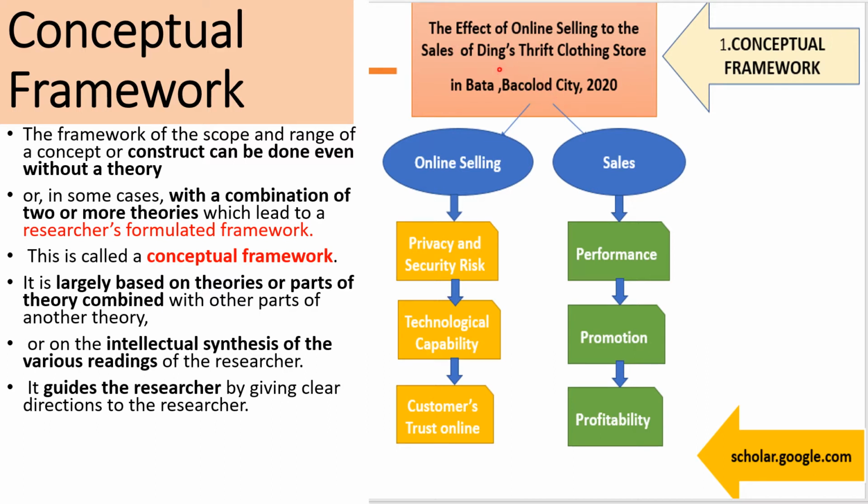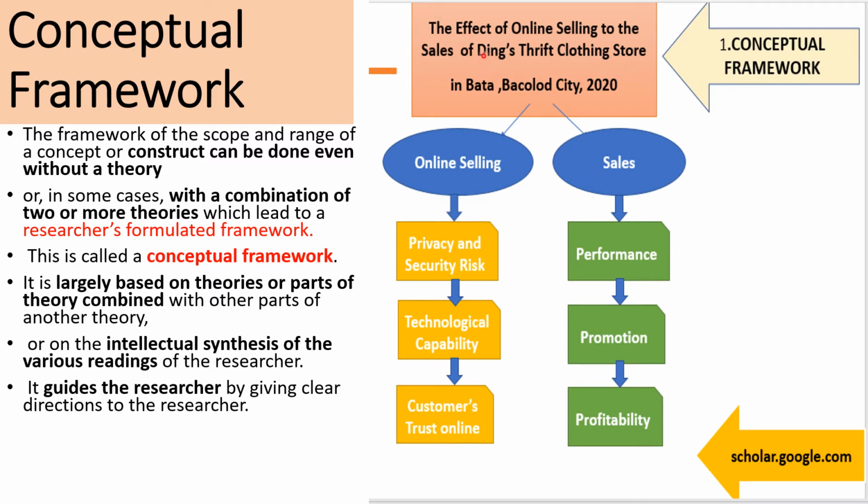This is just my example. And then we're going to dissect the title into two. We have to identify which one is the independent variable and which one is the dependent variable.